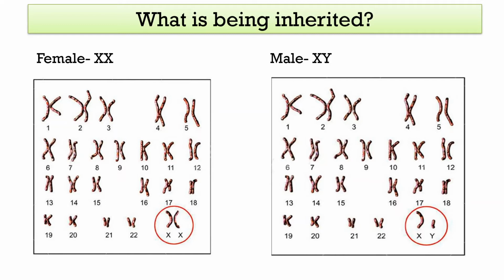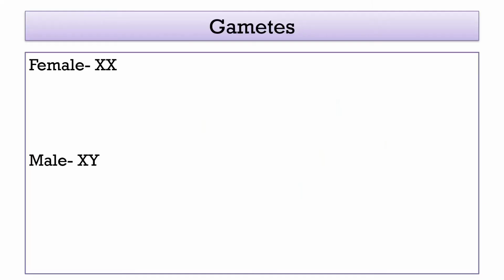They're not diploid, they're haploid cells. So we haven't got an X and X in the egg cell. In fact, in the female egg cell, you would only ever have an X. So remember that XX exists in diploid cells. Now we're talking about gametes, we're talking about haploid cells. The egg cell would only ever contain an X chromosome.